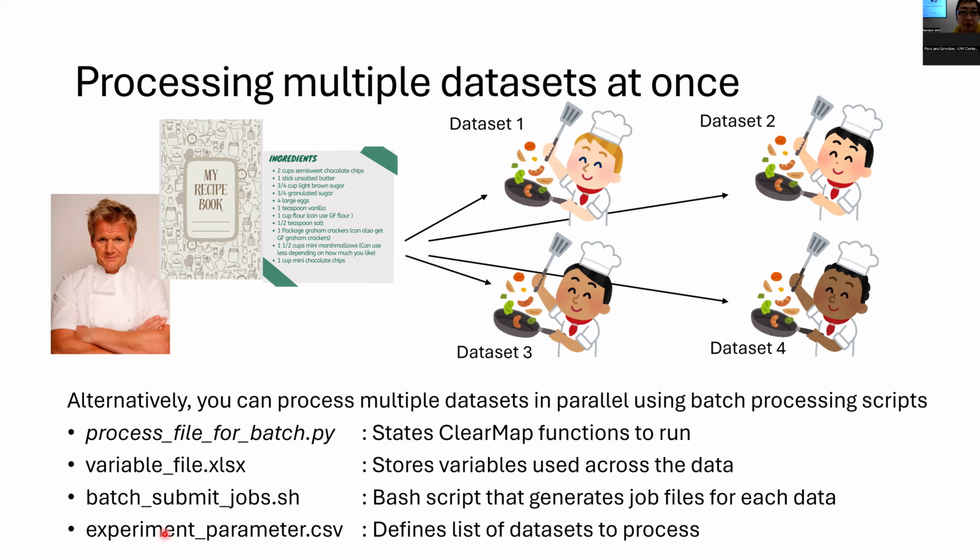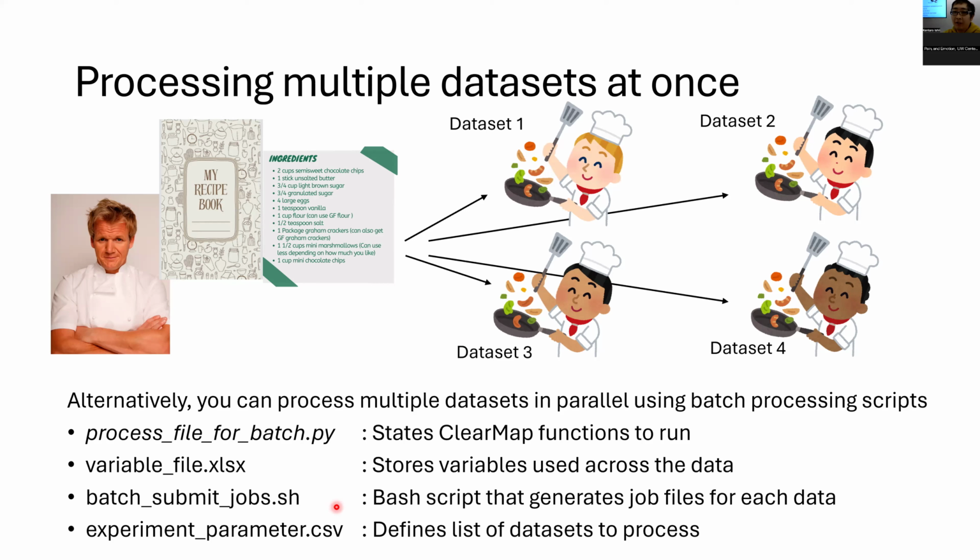I will go into those in detail, but the general idea is that you have this Excel sheet which contains all the variables that you're going to use. And then you have this experiment parameters CSV file, which lists all the data sets that you want to process, and some variables specific to each data set. You submit those together with the process file and the batch submit jobs file, and they will automatically create job files for each of these data sets and submit those jobs to each node.